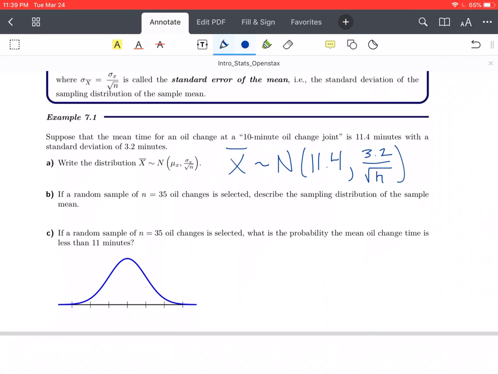We don't know yet. So if a random sample of 35 oil changes is selected, describe the sampling distribution of the sample mean. So this would be x bar approximately normal, 11.4 mean, and then standard deviation of 3.2 over the square root of 35. And this is, just as I was saying, approximately normal.